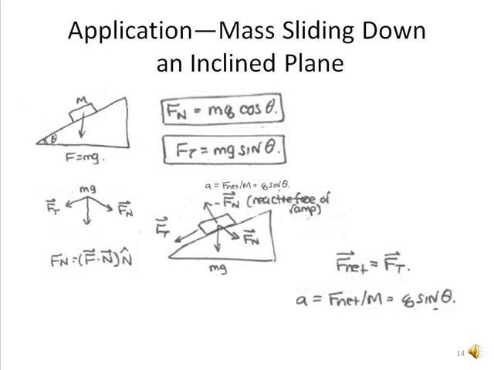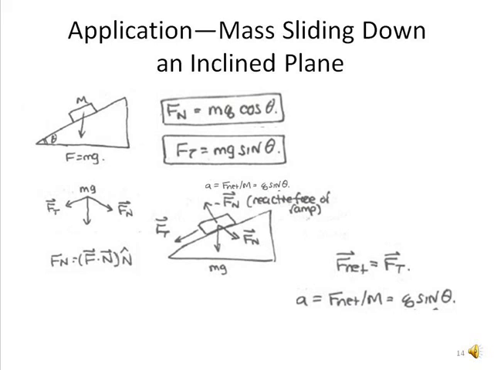We could split it into an x and y component, although in this case it'll be more convenient to split it into what we call a normal component and a tangential component. The normal component is in the direction that's at right angles to the ramp, and it's equal to mg cosine theta. There's also a tangential component at right angles, which is equal to mg sine theta. This is the force that acts down parallel to the surface of the ramp.